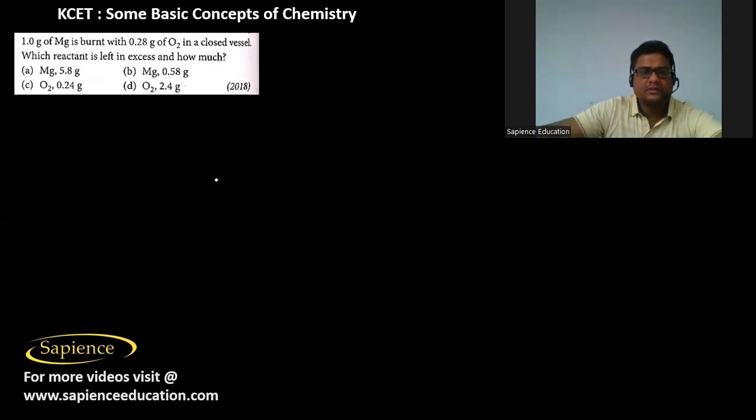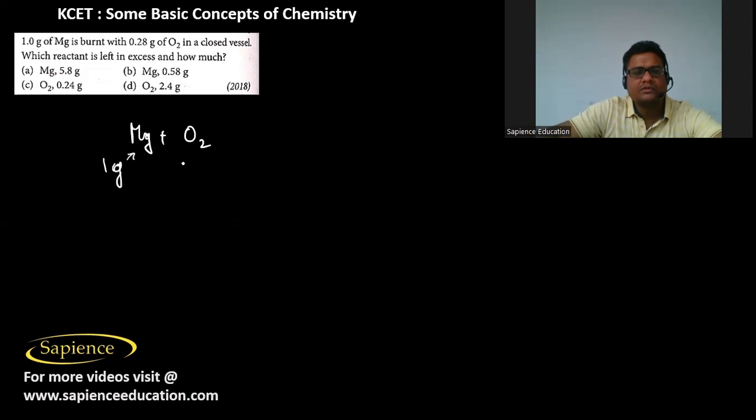Then here it is told that 1 gram of Mg is burnt with 0.28 gram of O2 in a closed vessel. Which reactant is left in excess and how much? So it will form MgO, magnesium oxide.